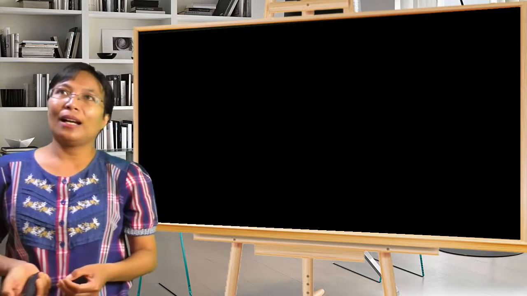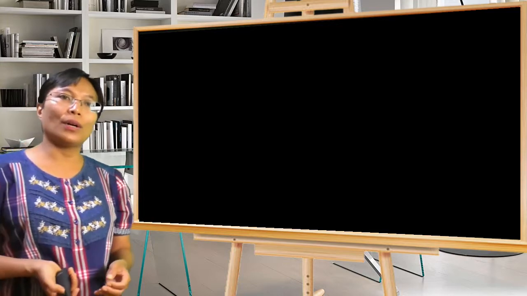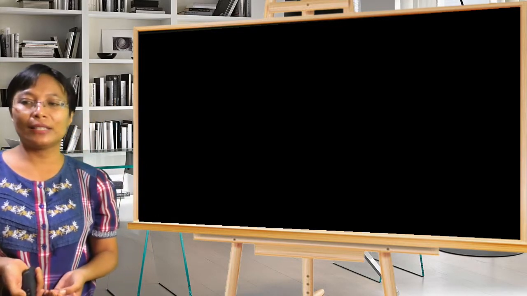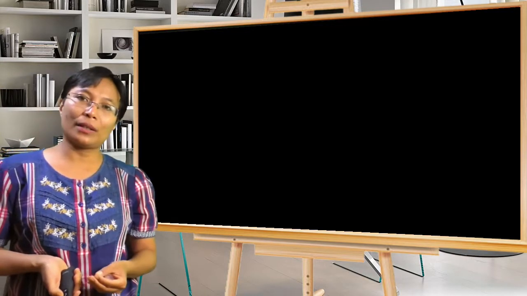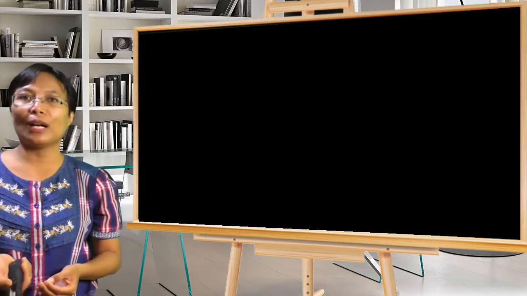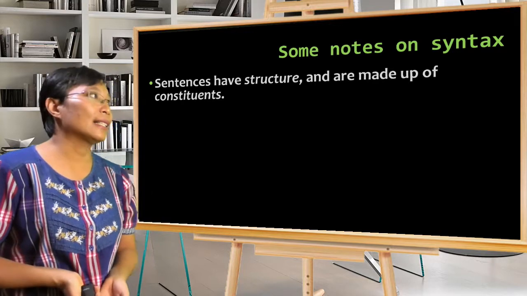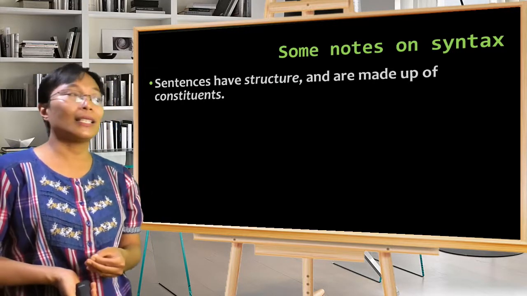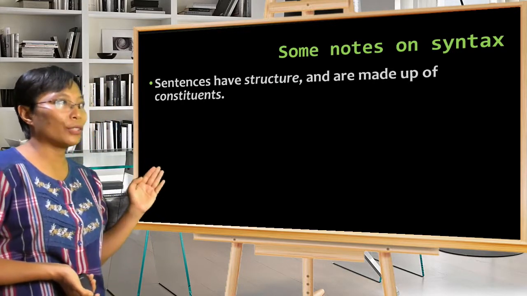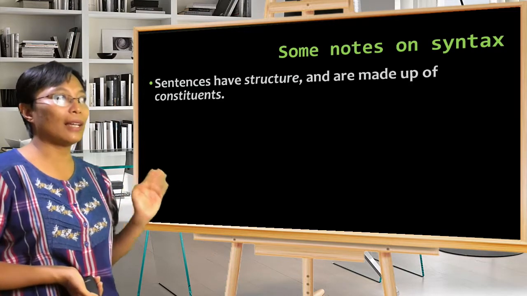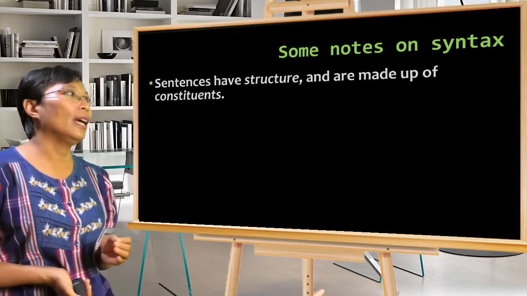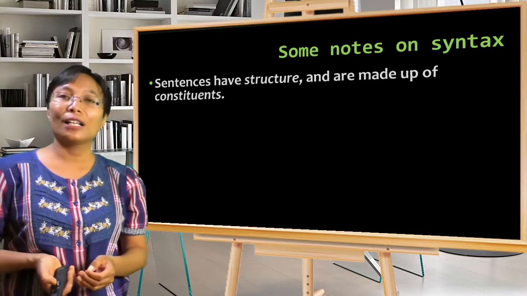As we have discussed before, syntax is related to sentence structure. So I would like to highlight some points here. The first one is that sentences have structure. Sentences have a particular structure and are made up of constituents.